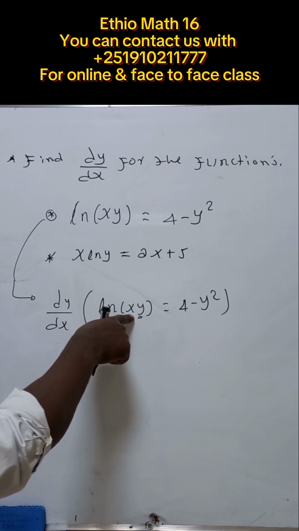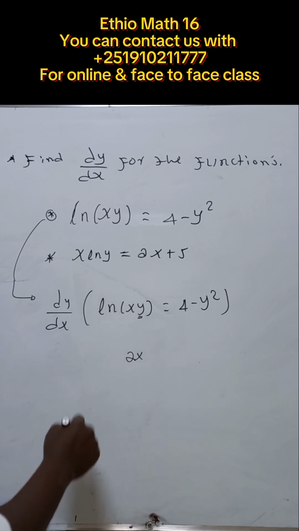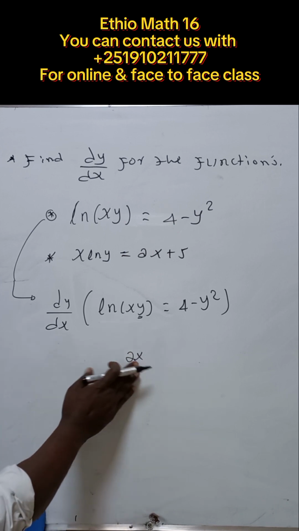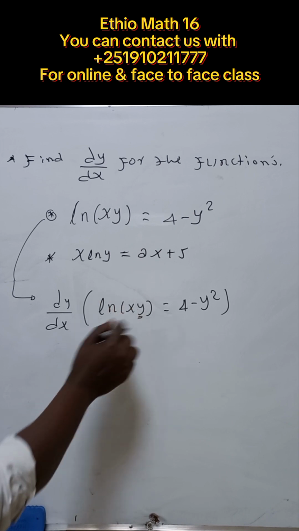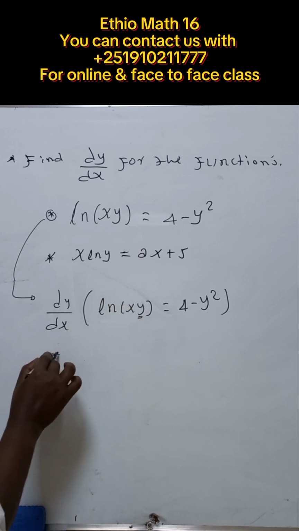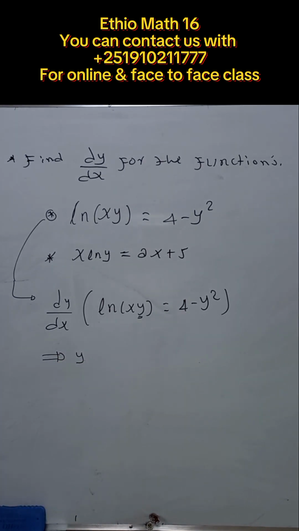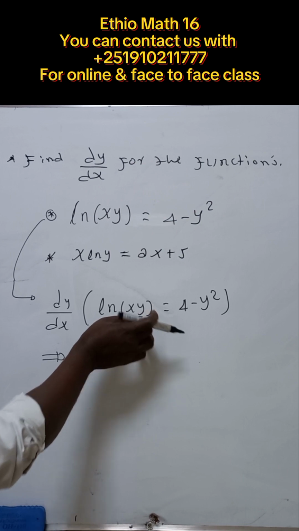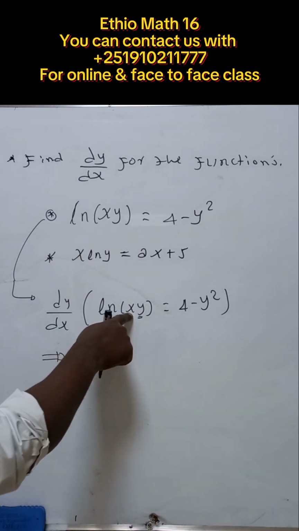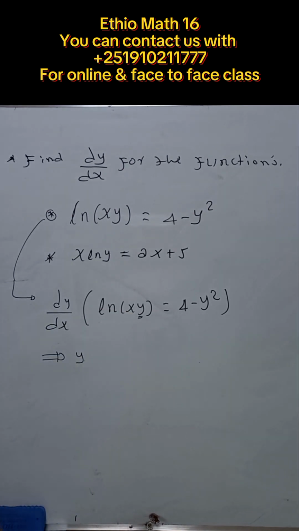So the derivative of xy with respect to x, considering y as a constant, we simply find the derivative of x. The derivative of x is always 1. So this gives y.